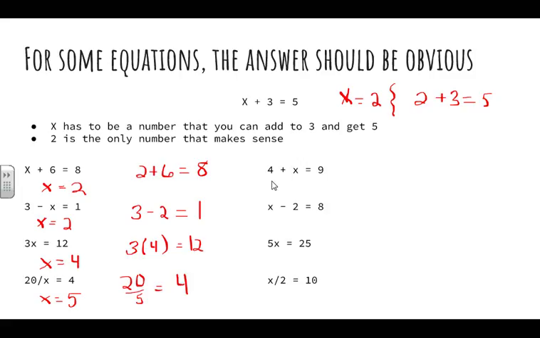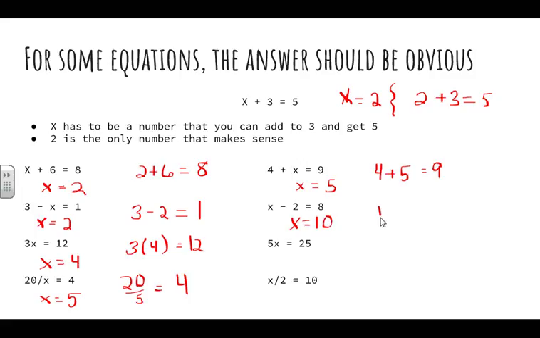All right. Over here, 4 plus x equals 9. The only value for x that will work here, again, is 5. If we wanted to check that, 4 plus 5 does equal 9. X minus 2 equals 8. All right, x has to be 10. It's the only number that you can subtract 2 from and get 8.